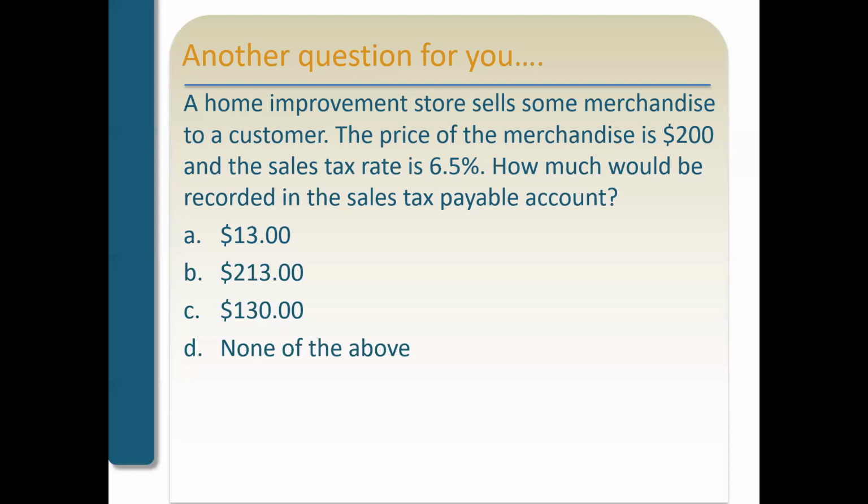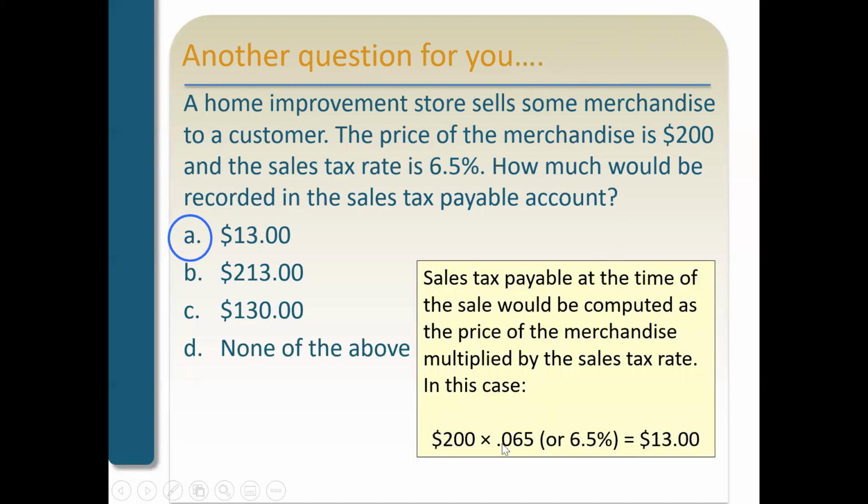Is it A? A? What do you guys think? Yes. The $200 times 6.5% is $13.